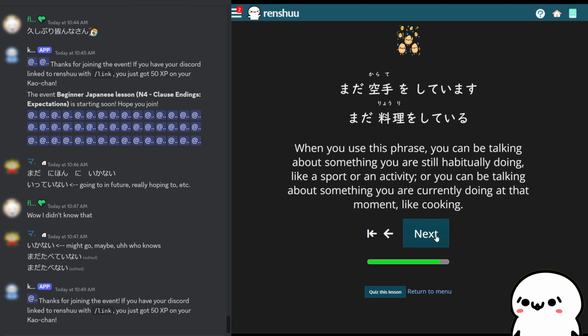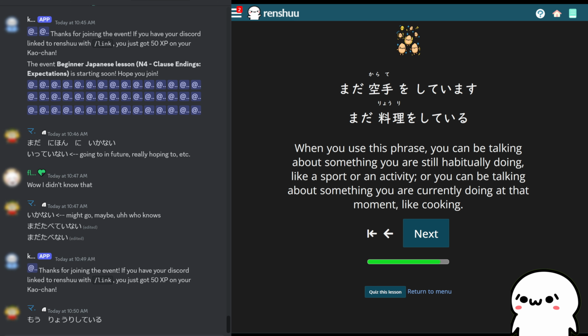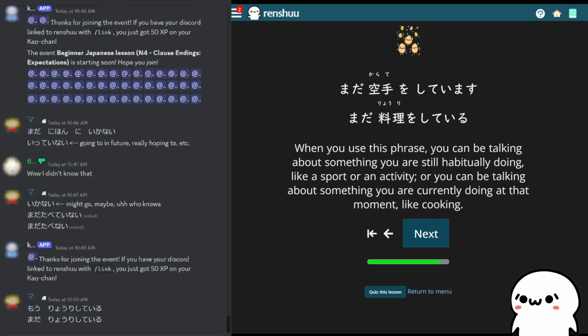Let's do a quick comparison between what we learned before, because you have what look like two very similar sentences, and they're both being used to describe something that's happening right now. もう料理をしてる。料理している.